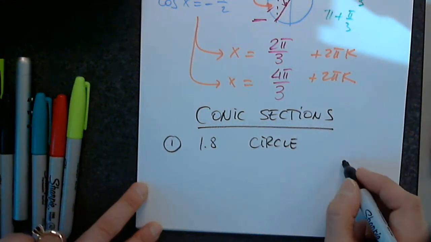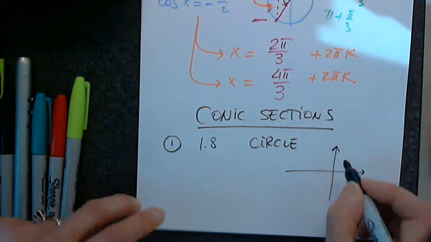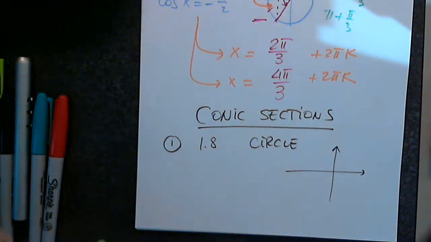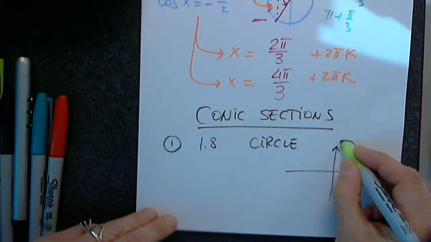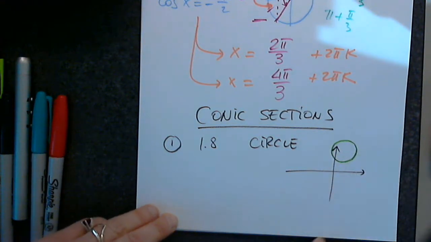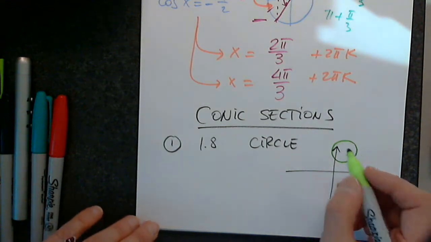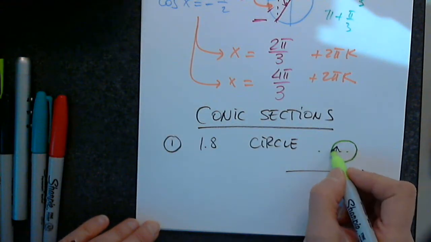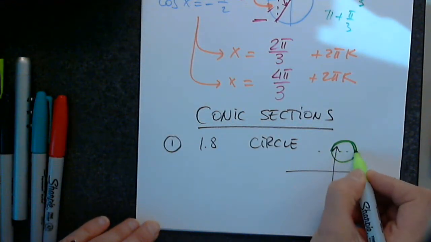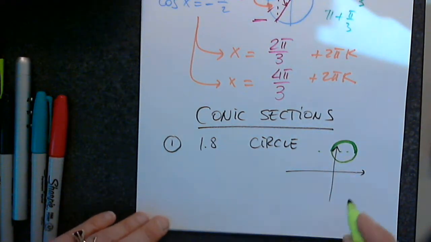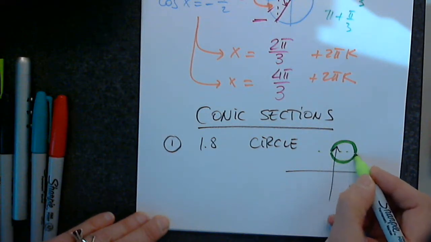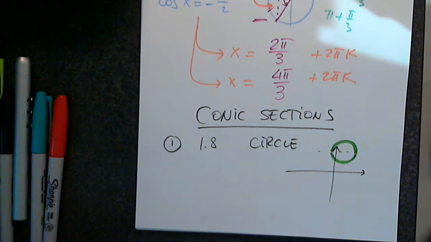Now we understand that if I want to graph a circle, let's say this is a circle. Is this a function? No. If you want, this is one function, and here's the other. So it's two functions.